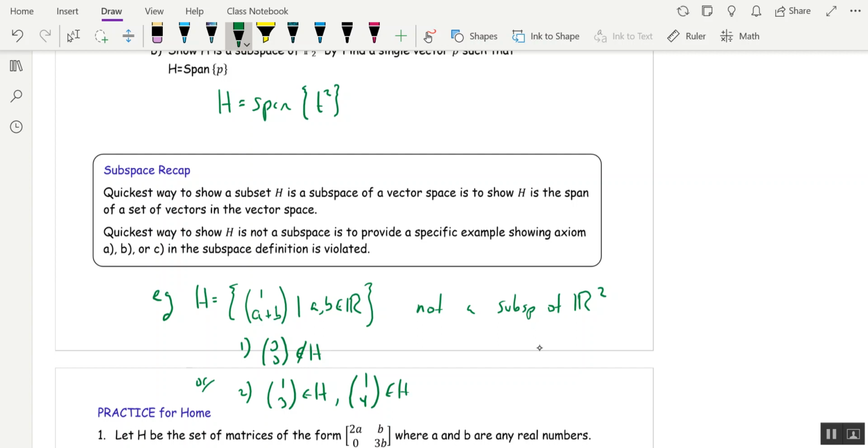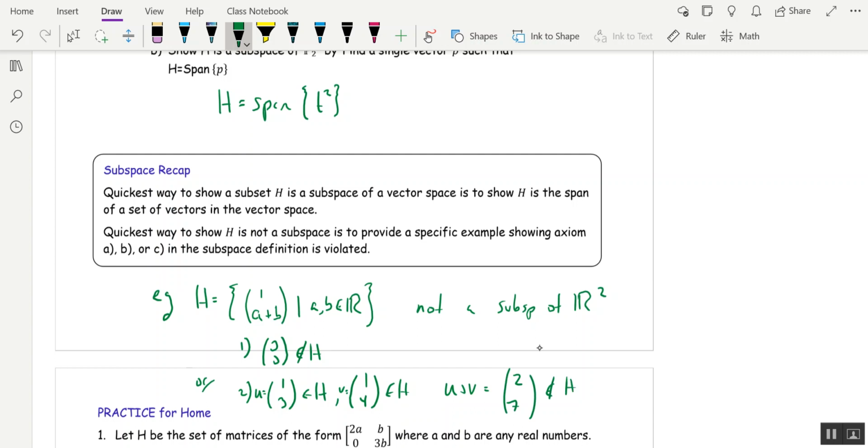So those are two vectors in H, but their sum, so let's call this U and let's call this V, U plus V is (2, 7). That's not in H, because you have a 2 up there, not a 1.